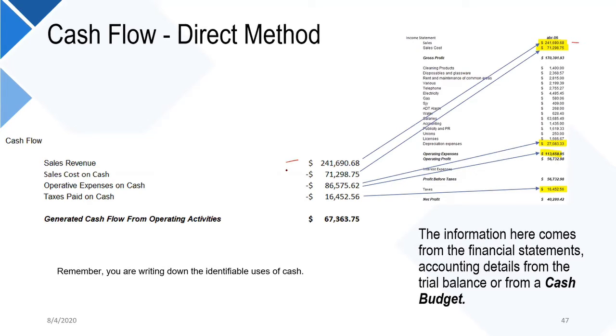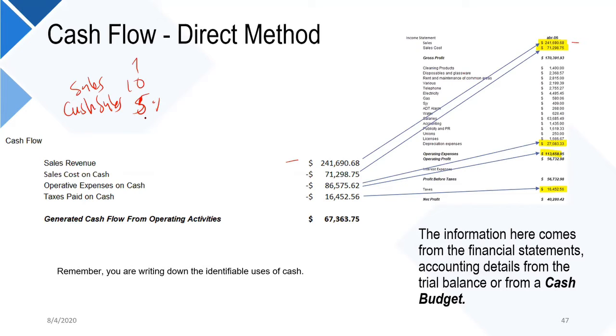It will be different if you had a company that maybe has sales of 10,000, but you only get paid half of that money in that period.